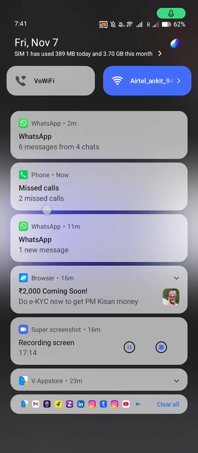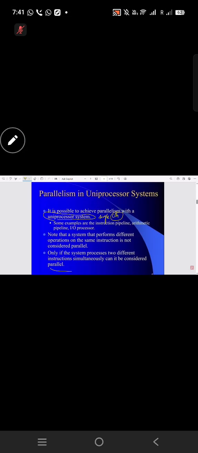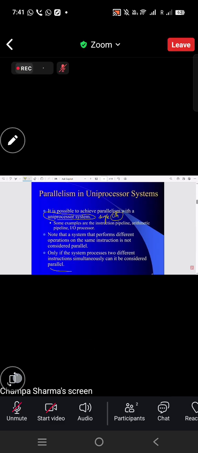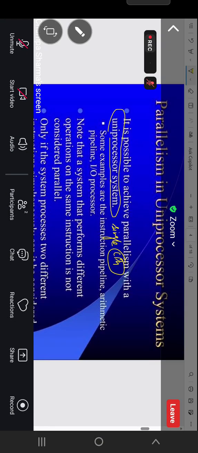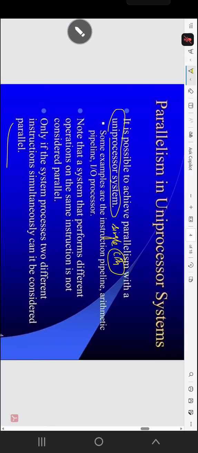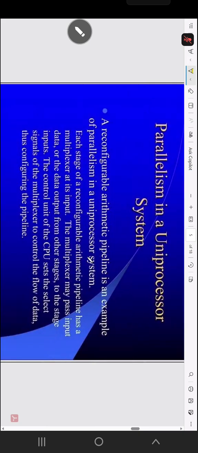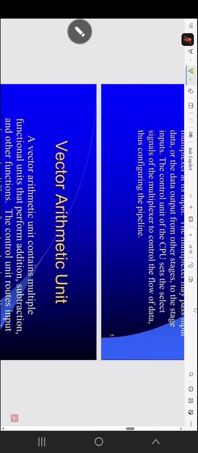The system can perform parallel operation by overlapping different stages of instruction execution. This is achieved using pipeline or concurrent processing with the CPU. So these are instruction pipeline, arithmetic pipeline, or input output processor.